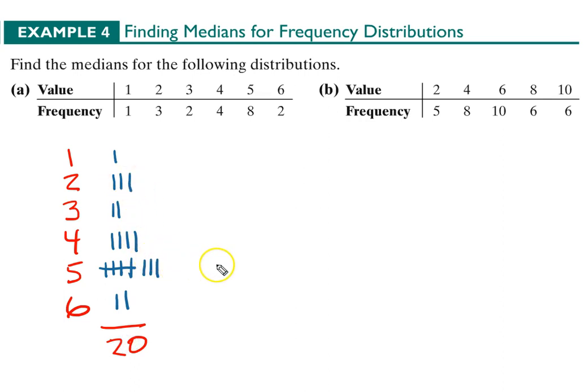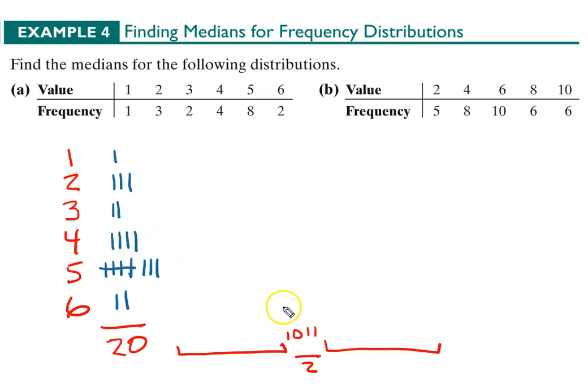So our number then would be between, we'll have 9 on this side, so it'll be the 10th and the 11th, and then 9 on this side. We have to take the 10th and 11th place value and then divide by 2. So let's count. 1, 2, 3, 4, 5, 6, 7, 8, 9, 10.